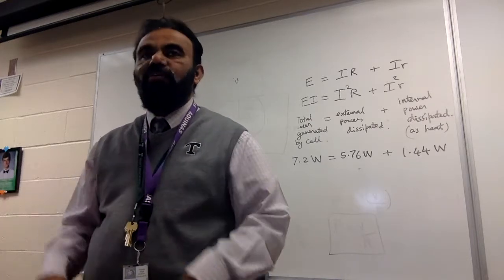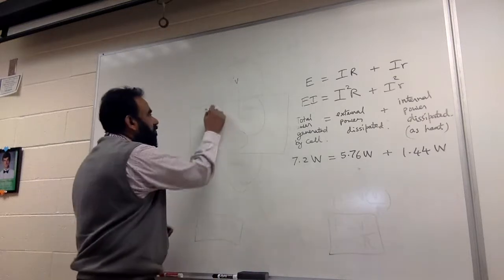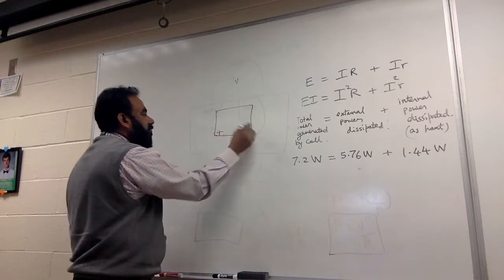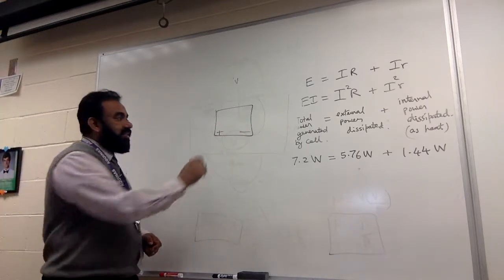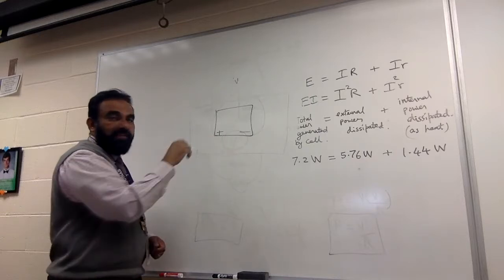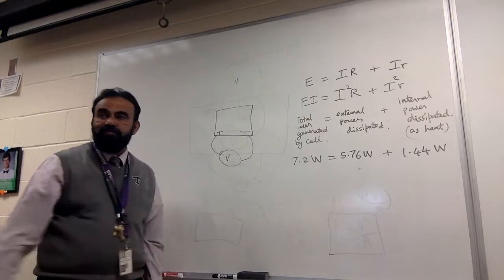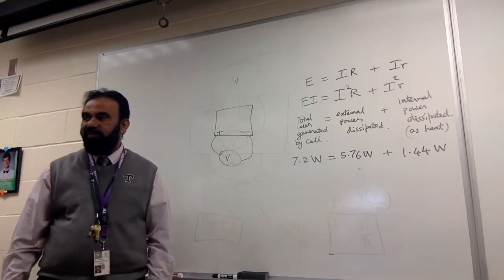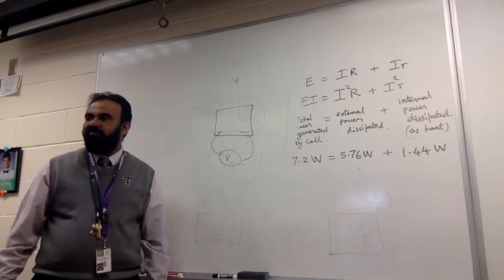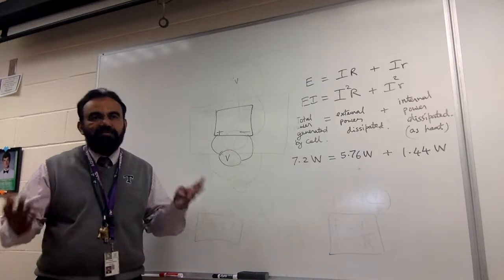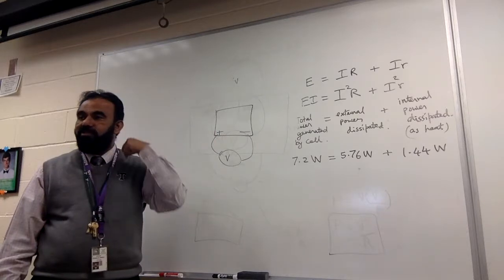If you connect a voltmeter across the battery, here's the car battery, if you connect a very ideal voltmeter across it, it will read 12. Or if it is nearly ideal, then it should read very nearly 12, almost 12. That is when the battery is not being used.